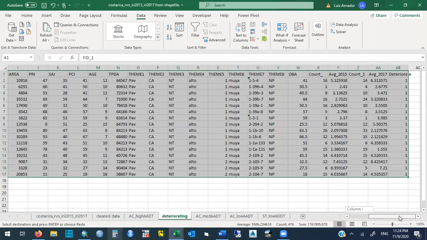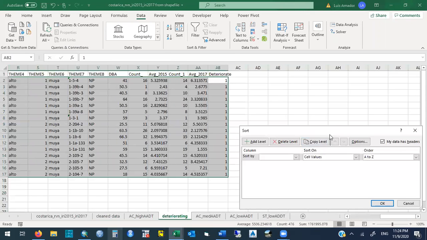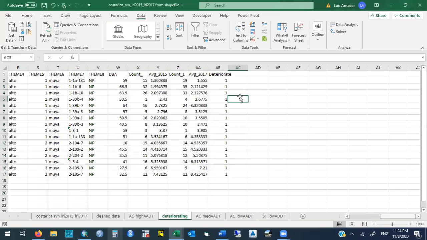Now, let's sort. In 2015, from smaller to largest. So 155, 2, 3, 4, 6, 7, 8.